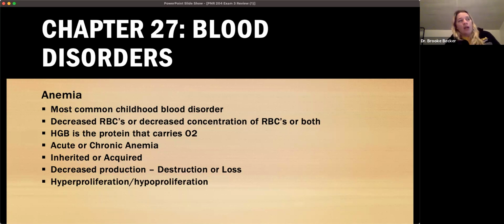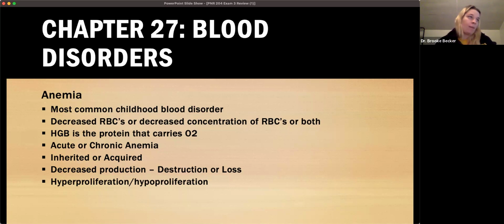Hemoglobin is the protein that carries oxygen. If they're not making enough red blood cells, their hemoglobin's going to be low, and then they're not going to oxygenate as well. So eventually, if anemia isn't treated, you worry about cardiac failure.